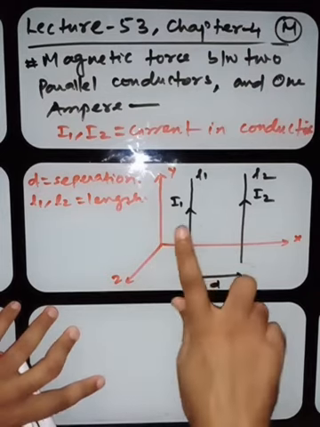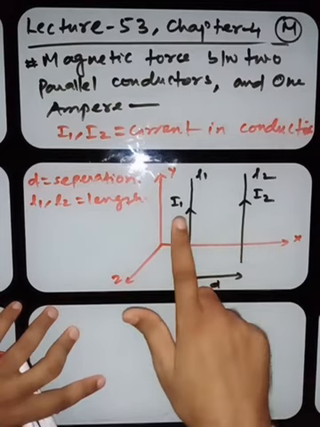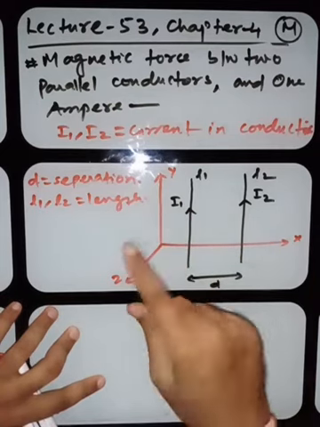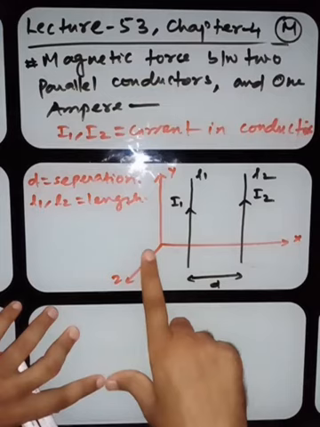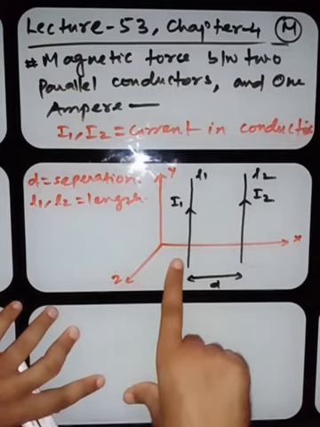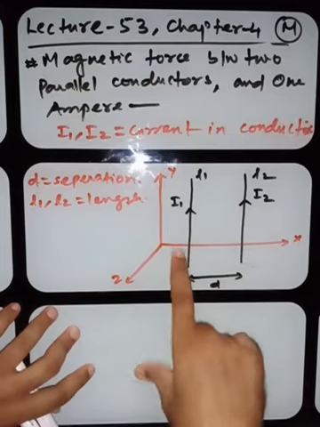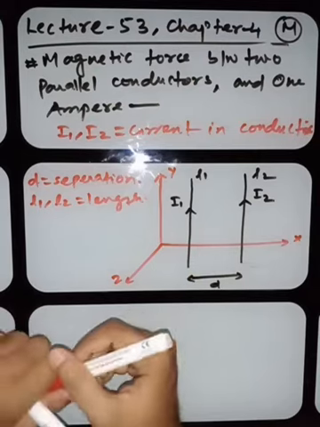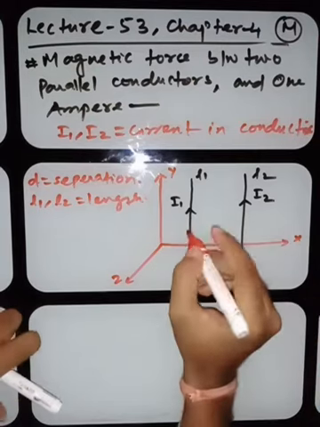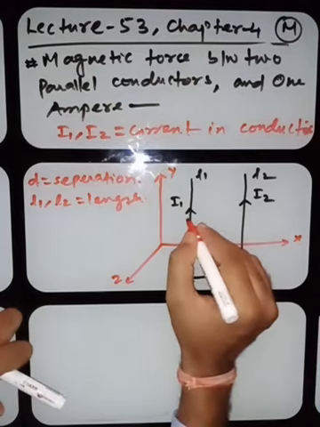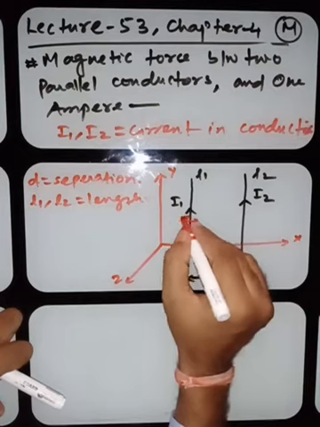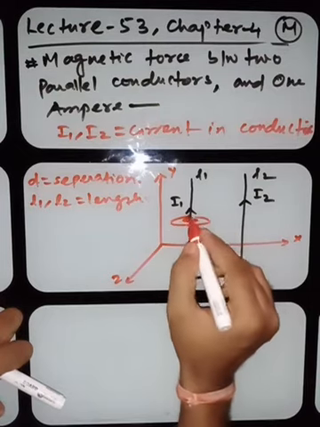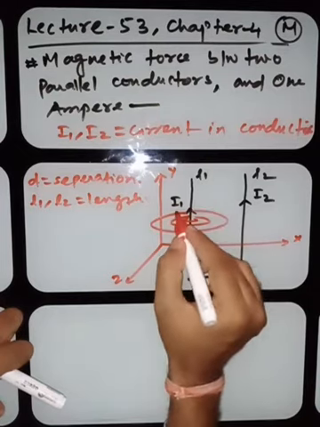It means both conductors are placed in the magnetic field of each other. For example, conductor 1 will produce a magnetic field around it, and the direction of the magnetic field will look like this. This way it will produce the magnetic field.